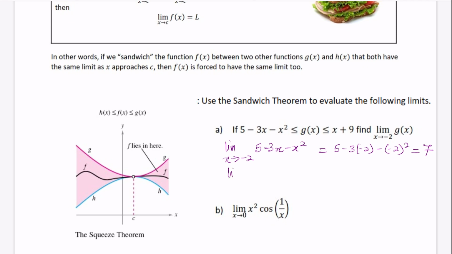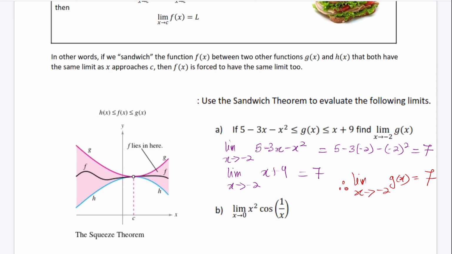Then let's find the limit of the top function, or the top bread, which is the limit as x approaches negative 2 of x plus 9, which also gives us 7. So therefore, that tells us that the limit as x approaches negative 2 of g of x would definitely be 7. And this is how to use the sandwich theorem.